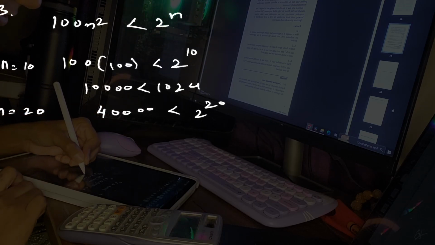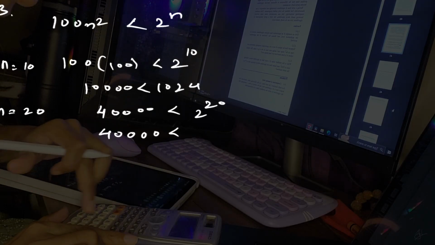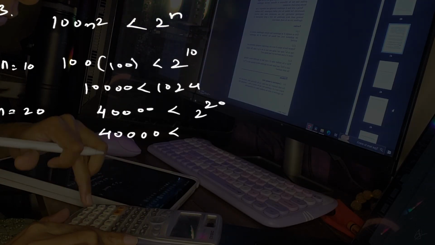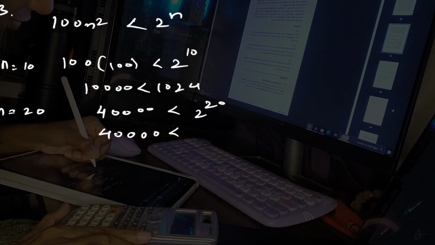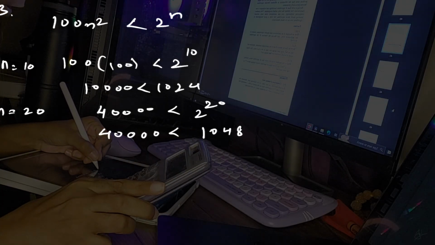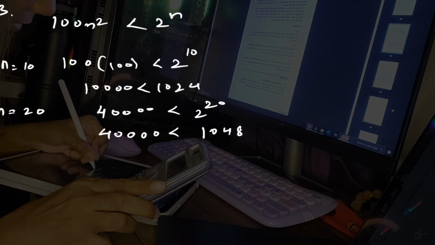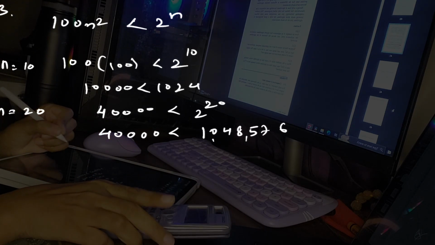2 to the power of 20, I'm going to calculate using the calculator. 2 to the power of 20 is 1048576, I guess.